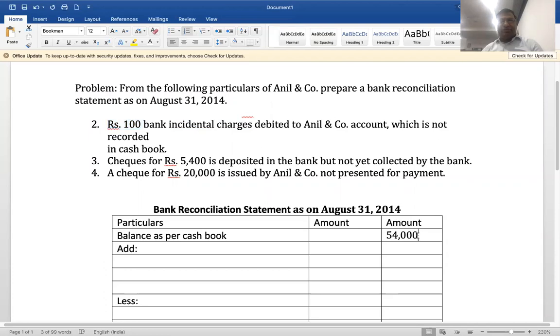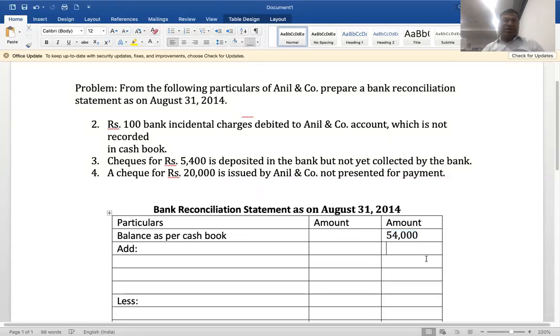This is 54,000. Had it been known to him, it would have been 53,900. It would not be 54,000. Because it is not known to him, he did not change it. It is still 54,000. But if it had been known to him, it would have become 53,900.